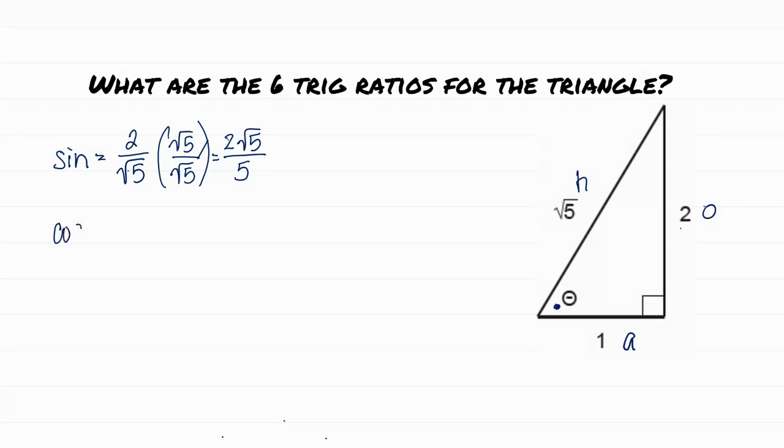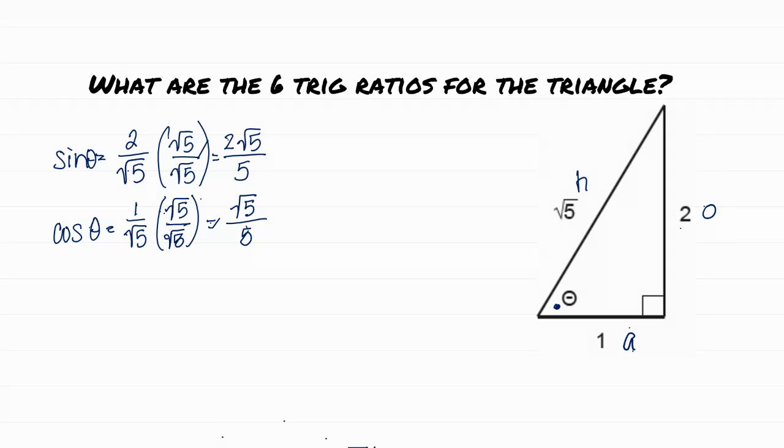The cosine of theta, and I probably should be writing this correctly, is the adjacent side over the hypotenuse. So 1 over the square root of 5. Again, we have to rationalize. You absolutely cannot leave a radical in the denominator. That's not okay. If you do that, they come and haul you off to math jail.